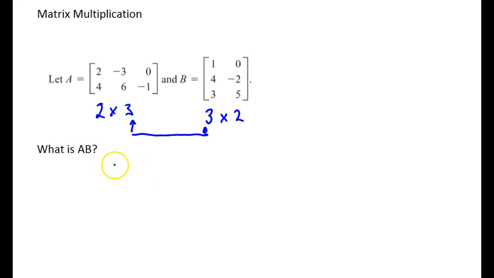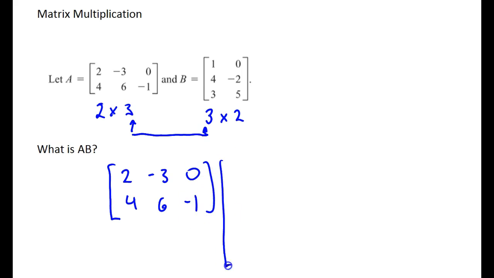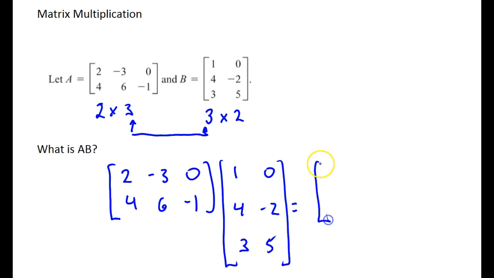All right, so here we go. I'm going to write out matrix A here. And I'm going to put in matrix B. Okay, now I'm going to multiply the first row of matrix A by the first column of matrix B, and that will go in the first row, first column position.